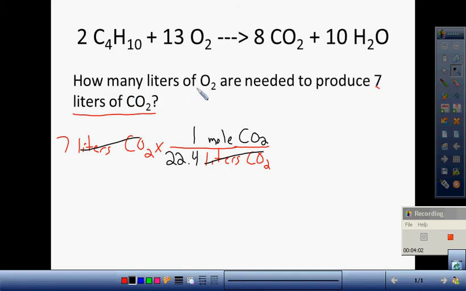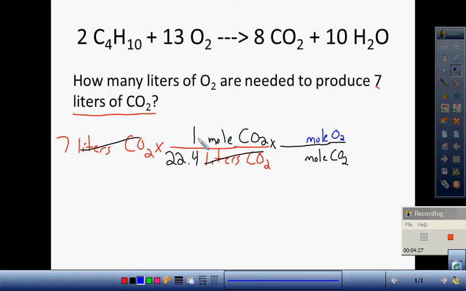But my question says liters of O2, so I need to get out of CO2. So I'm going to take my units down here. Whatever I have up here goes down there. Now I don't want CO2, I do want O2, so I'm going to put the chemical I do want on top. And I can always change from one chemical to another with a mole-to-mole ratio.